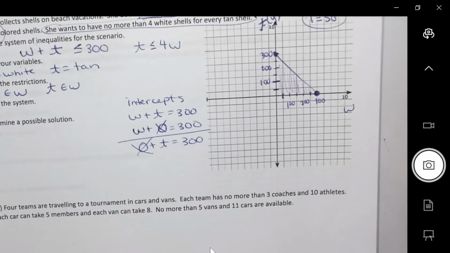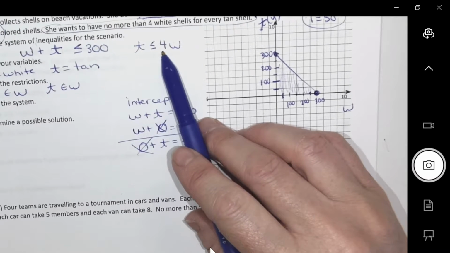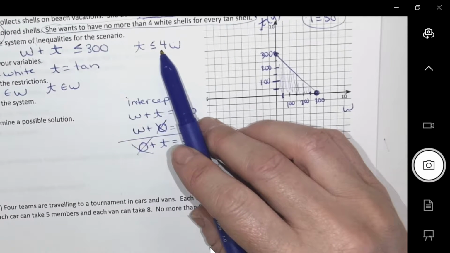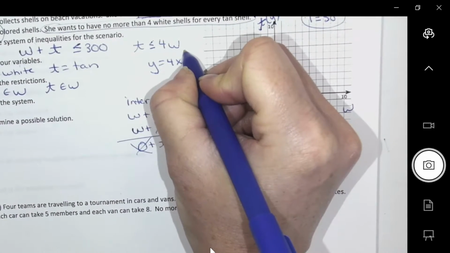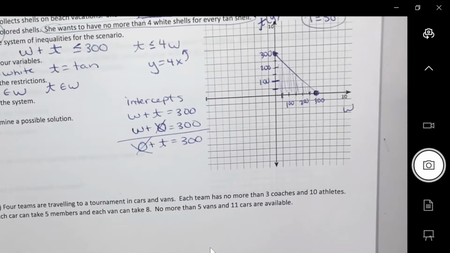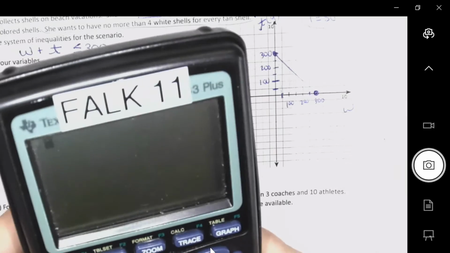Okay, now this one, if you were to graph this in your calculator, you could get some points. So let's do that.